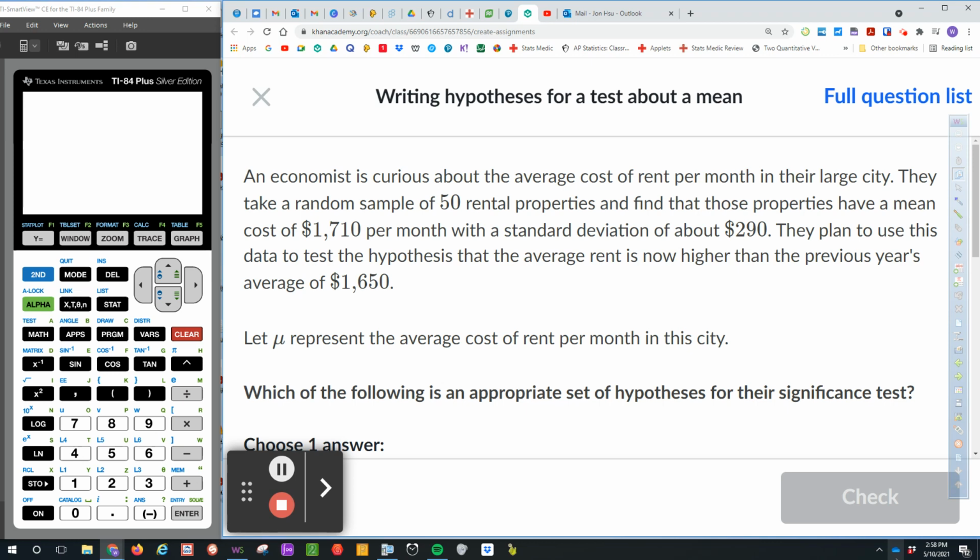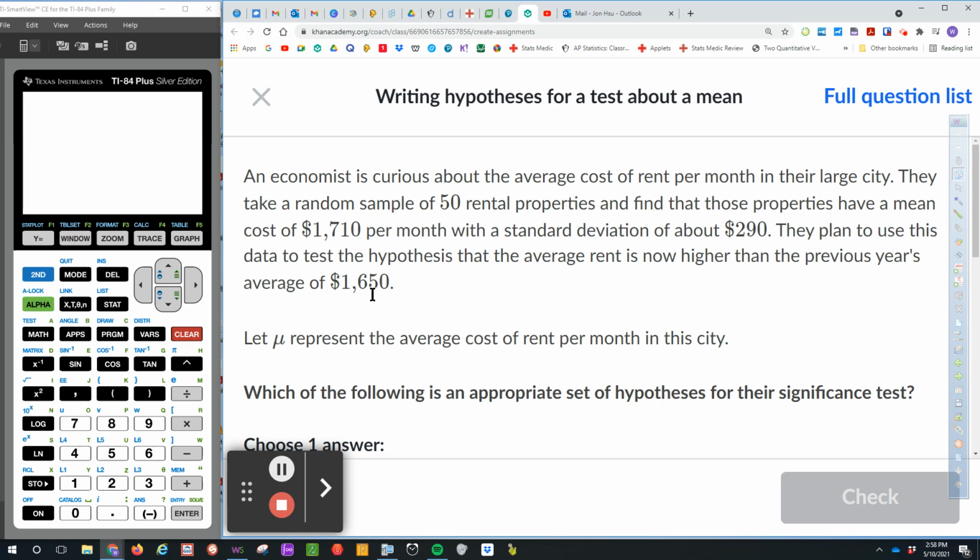They plan to use this data to test the hypothesis that the average rent is now higher. So the alternative hypothesis is that it's higher than what? Higher than the average, which is 1,650.